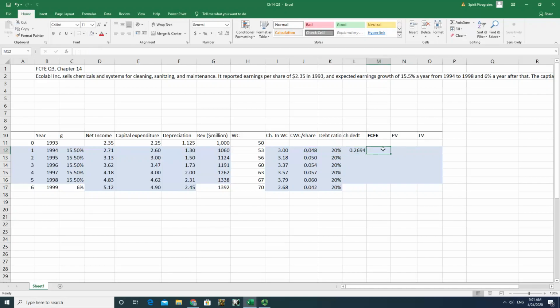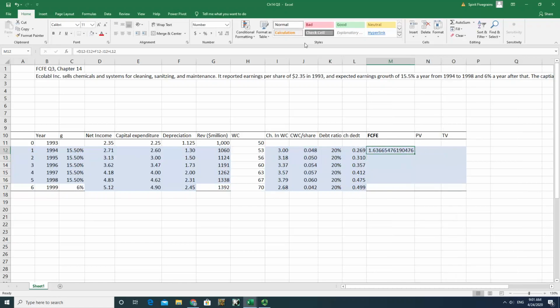Now you can calculate FCFE. FCFE equals net income minus capital expenditure plus depreciation, minus change in working capital per share, and plus the new debt issuance to support the new reinvestment.